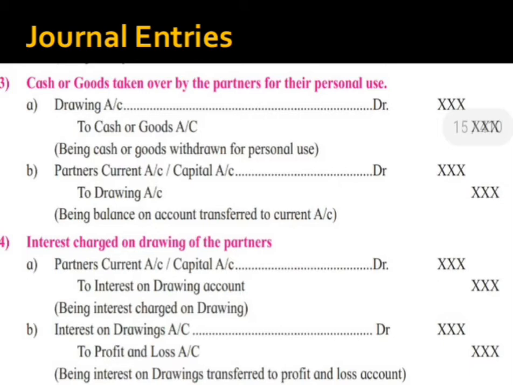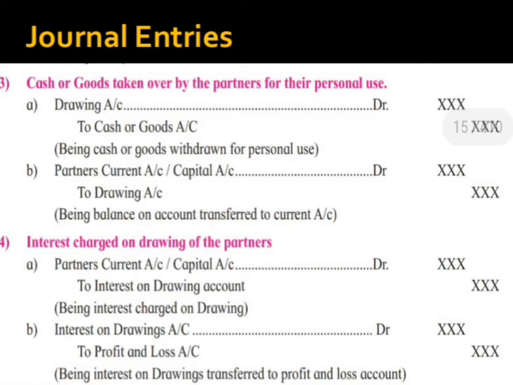Now the fourth entry will be interest charged on drawings of the partners. As we know, when a partner withdraws cash or goods for his personal use, it is drawings. Then if interest is charged on drawings, we have to debit partner's current account or capital account to interest on drawings account.